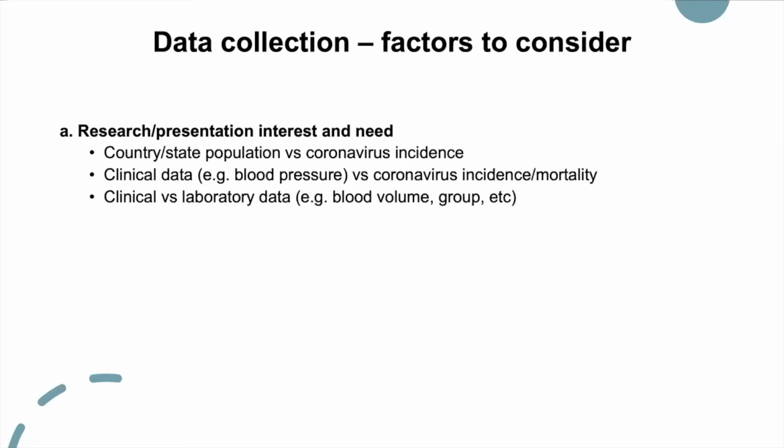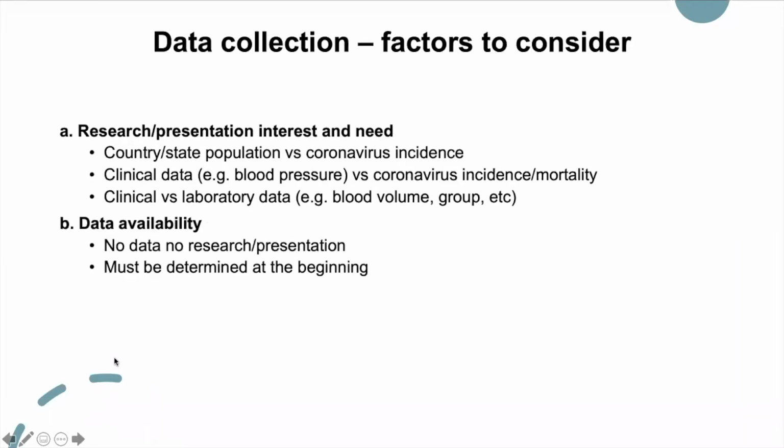Anything can be a need to really carefully seek data and use it. Of course, you can do clinical versus laboratory data analysis. You want to see whether there is a correlation between blood pressure, for example, and blood volume or sugar, etc. So again, it's all governed by the need.